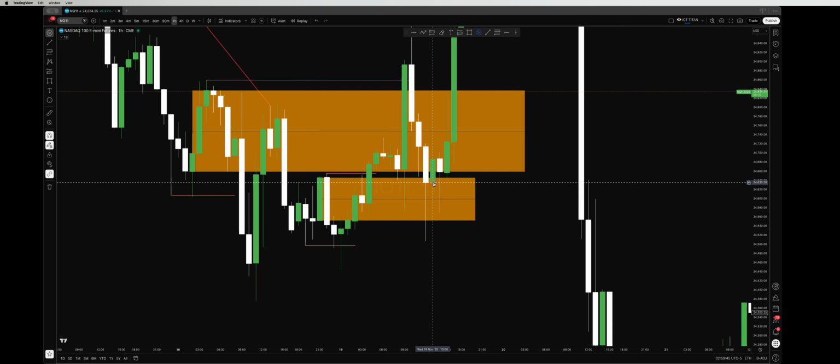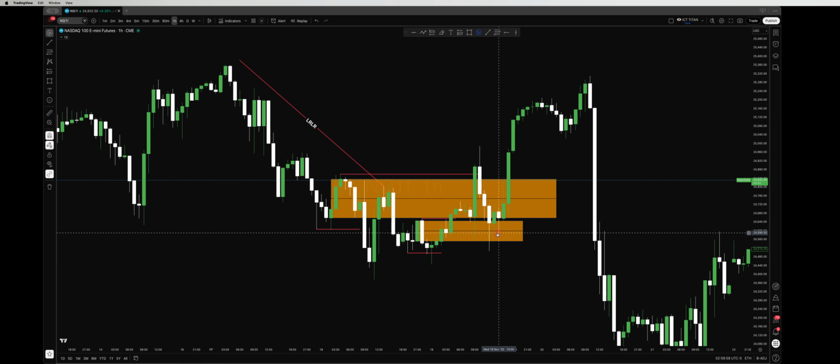Body cannot come down and close below the mean threshold, consequent encroachment. And then that's how you can take this.